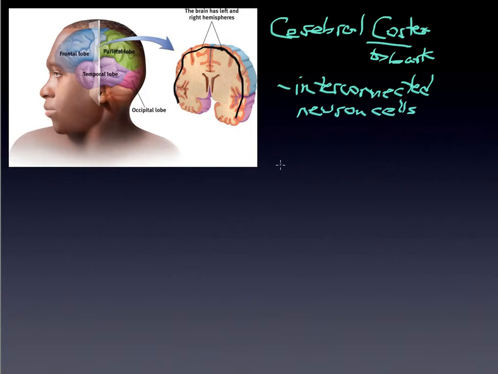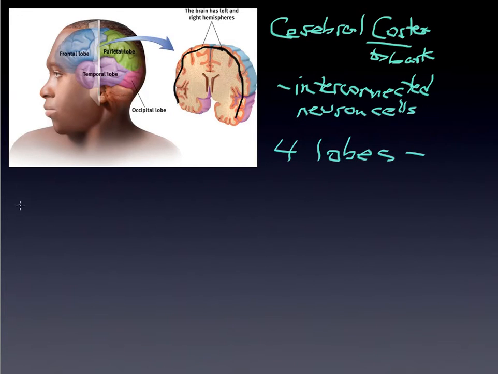The convolutions in the surface of the cortex allow it to be crammed into the cranium itself. The structure is divided up into 4 lobes, which are pictured here.